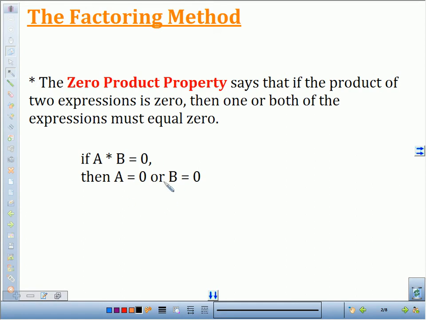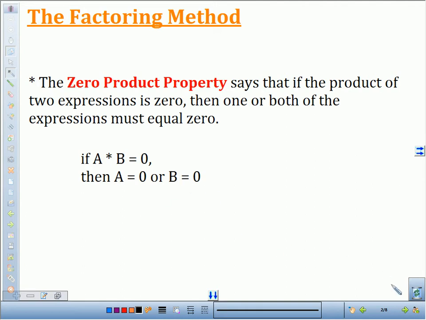And here we have it in more algebraic terms. If I have two expressions, a and b, if a times b equals 0, then a equals 0, or b equals 0, or they both equal 0. That's how multiplication works, because we know that 0 times anything is 0.